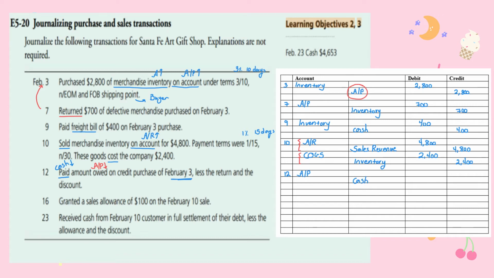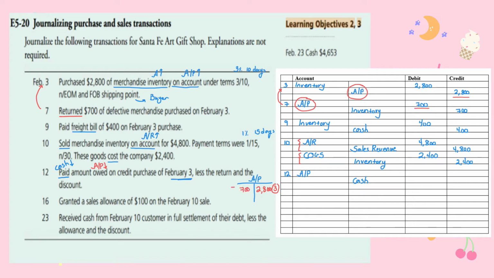Now to find the balance of the accounts payable, we need to draw a T account for accounts payable. On February 3rd, accounts payable was credited by 2,800, so I'm going to credit 2,800. Then on February 7th, we returned 700, so I decreased accounts payable by 700, so I debited 700.